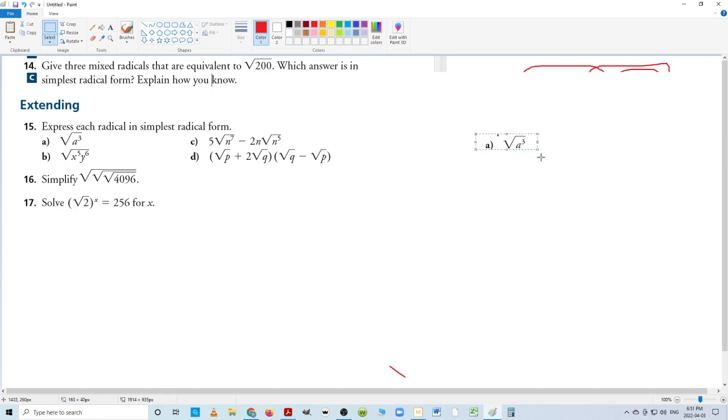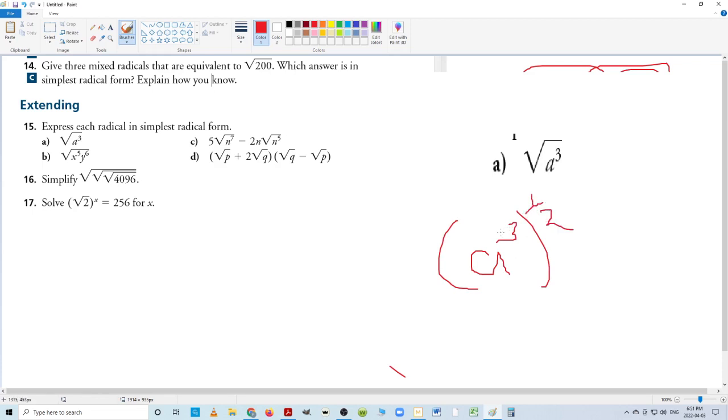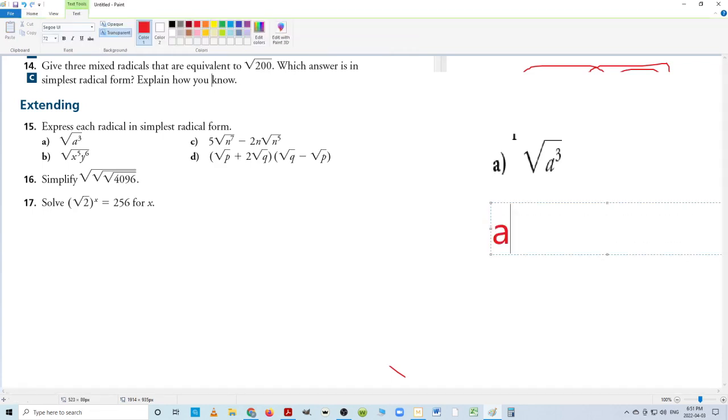Well, this is a tricky one. And sometimes this is best seen in its fractional form. And that means it's 3/2. But actually, you know what? The easiest way to do it is look at the internal thing. What is a cubed? It's a times a times a.